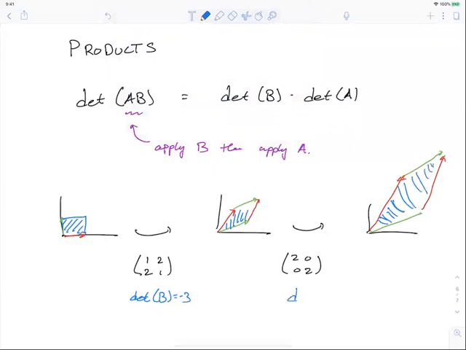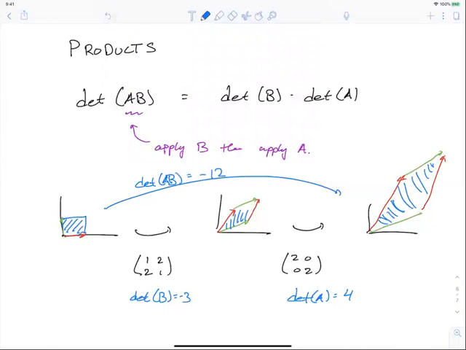And so the determinant of this matrix is going to be 4. And so altogether, kind of eyeballing it, that's a pretty big transformed shape over there. This is the determinant of A times B. It's just going to be equal to minus 12.